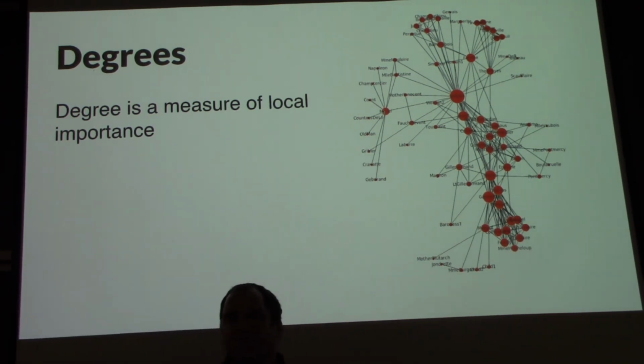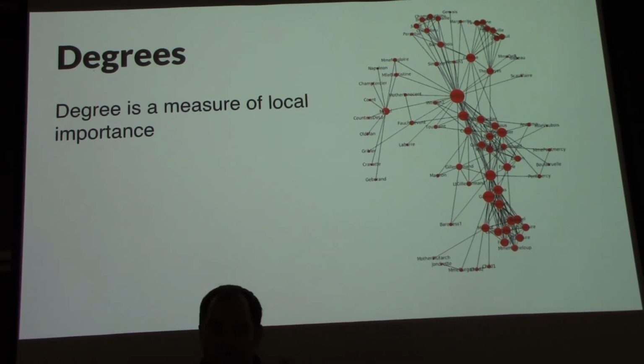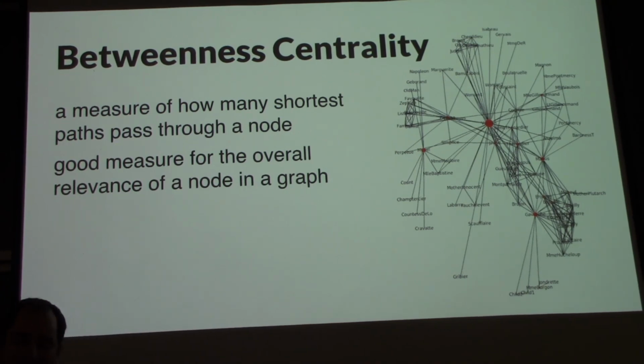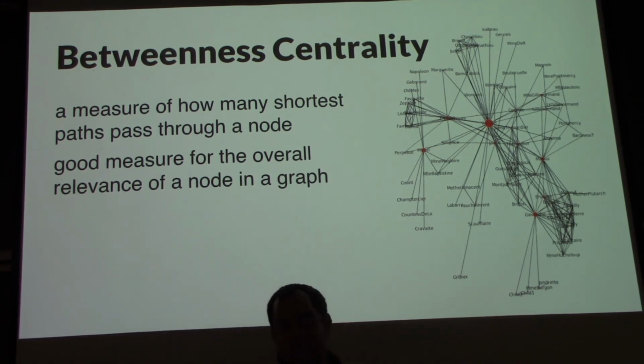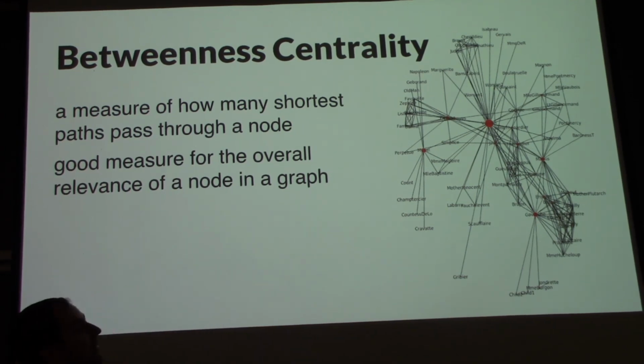If you think about, for example, the internet, it would be easy to fake the degree of a node, but it would be harder to fake something like betweenness centrality. Betweenness centrality is a measure of how many shortest paths pass through a single node. And this is a good measure of the overall relevance of a node in a graph. So here I'm plotting the betweenness centrality of these nodes.